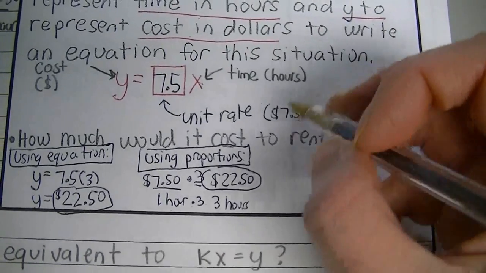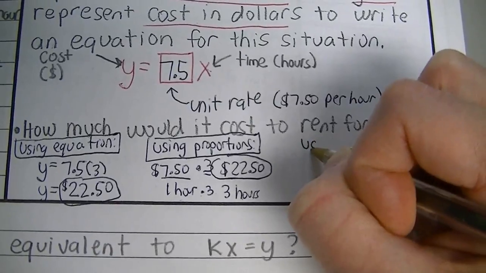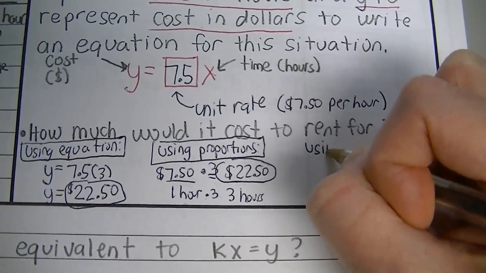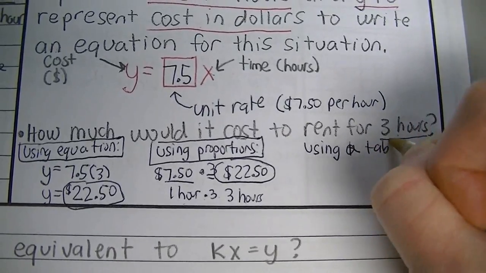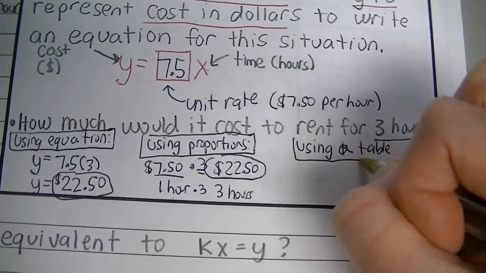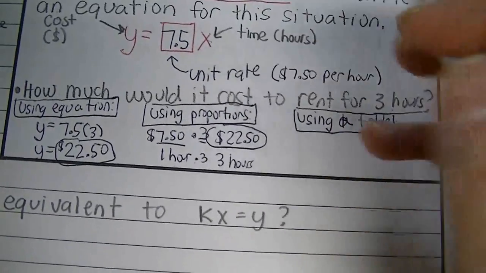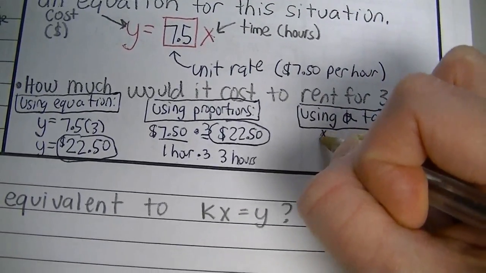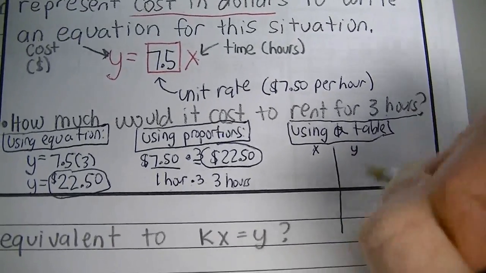Okay, the third way that I'm going to show you is just using a table. A fourth way I could show you is by creating a graph, but I just don't have room for that, okay? Using a table. All right, so I'm going to go ahead and set up x and y. But remember how I'm very, very strict on making sure you label.